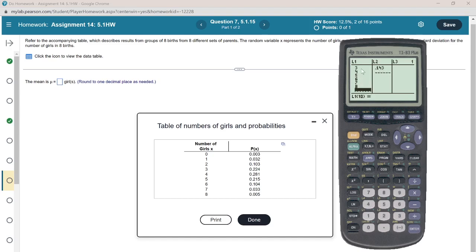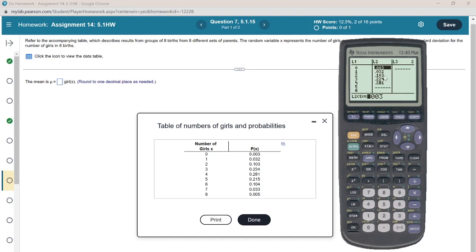Now go to the data for the second column, which starts from the first one, which is 0.003, 0.032, 0.103, 0.224, 0.281, and 0.215, 0.104, 0.033, 0.005. Oh, what is that? Okay, let me just go back here.